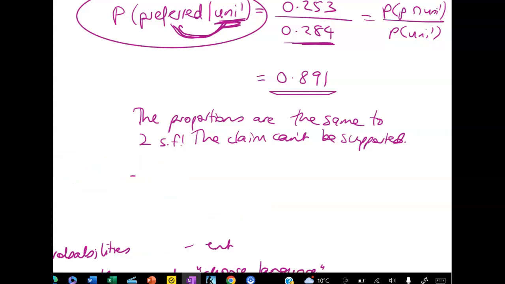Just let me get rid of this and get some more space. I'm actually going to write some words out here so that you can see what words you should be writing out.